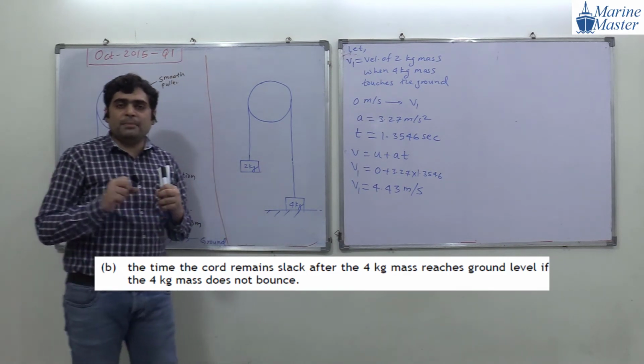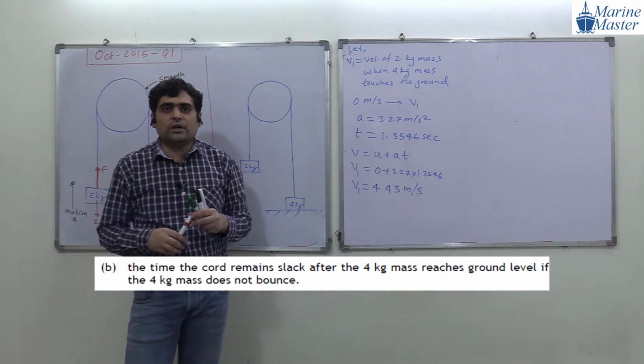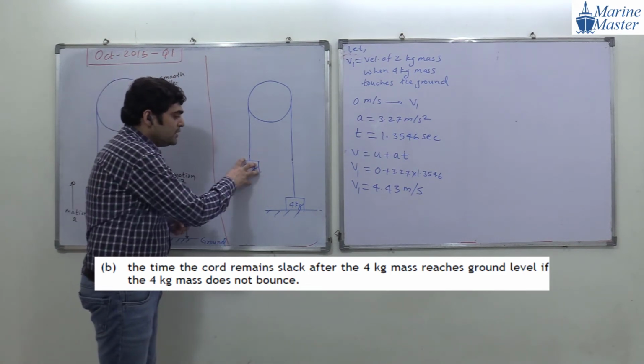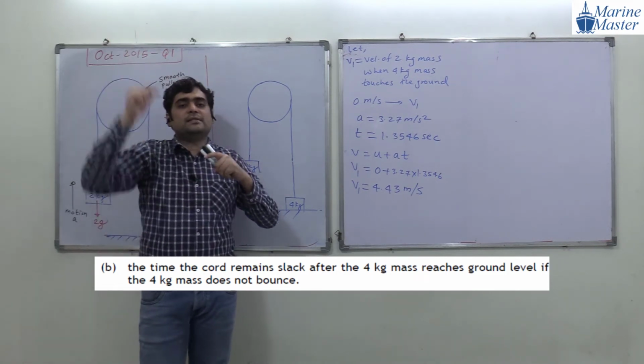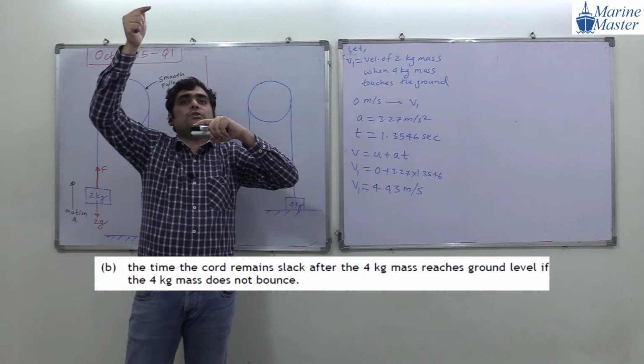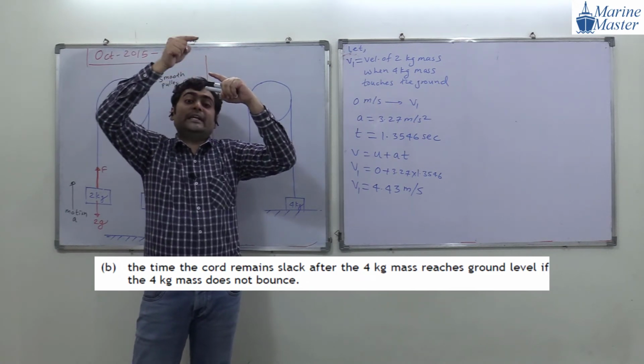Whenever someone has velocity, the velocity will not allow it to stay here only. This 2 kg mass will go up, till its velocity becomes 0. And when its velocity becomes 0, then again it falls down.